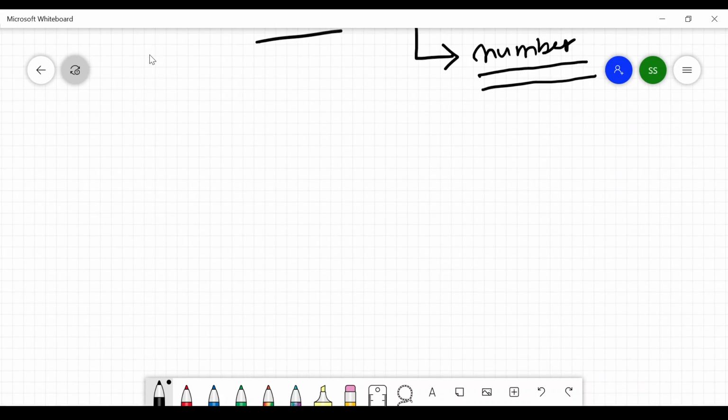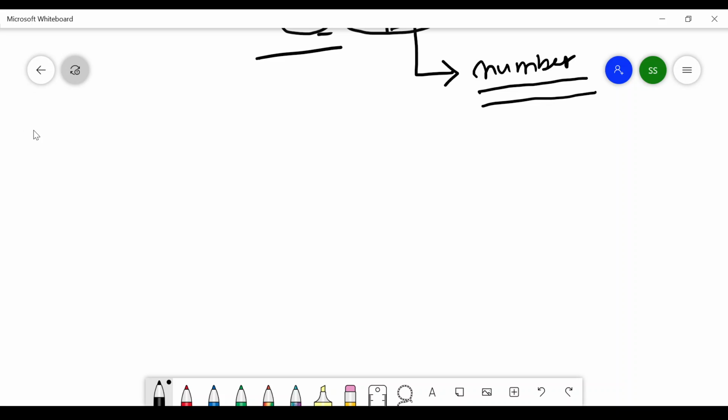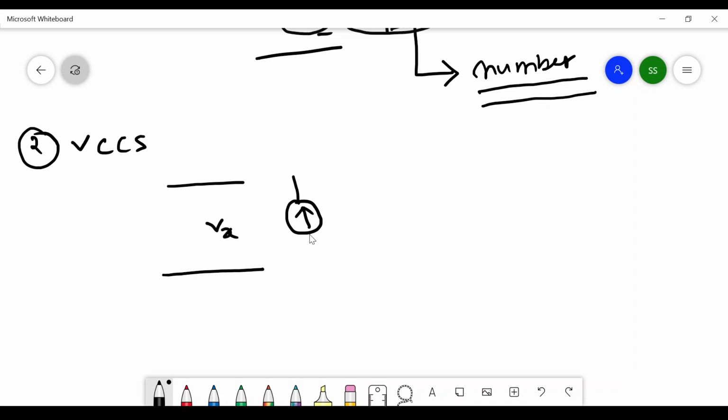The next controlled source is the voltage controlled current source. If I depict it, there is a voltage Vx. Now there will be one current source like this, and this particular current source is controlled by this voltage.